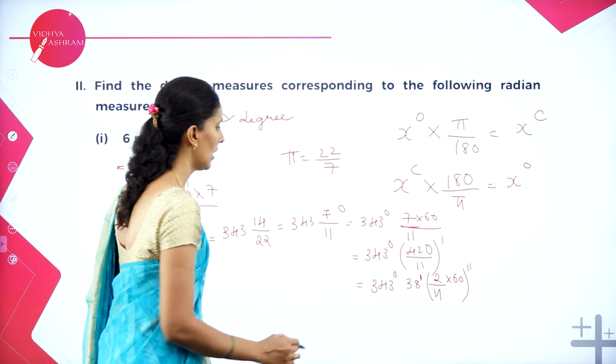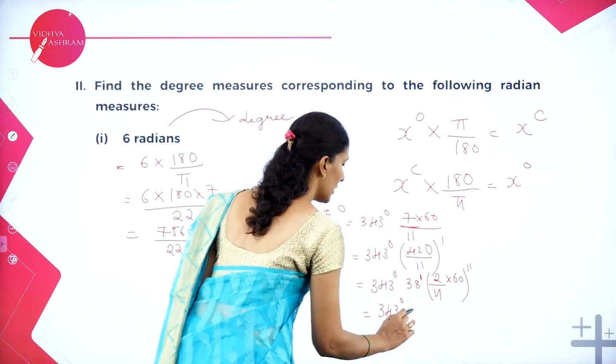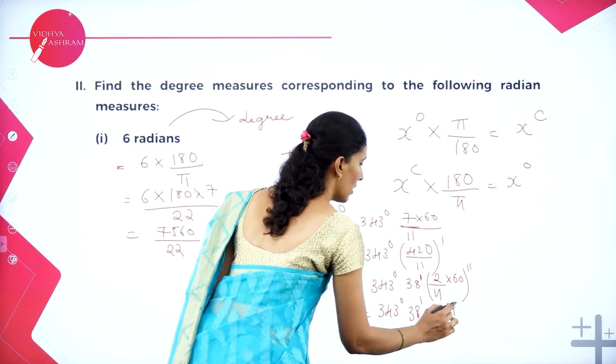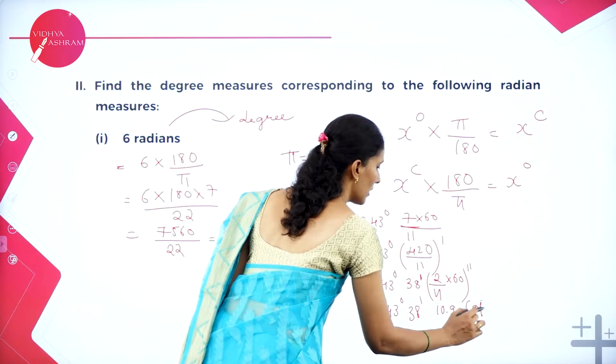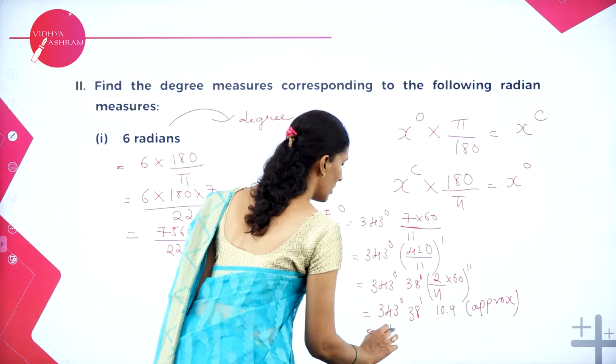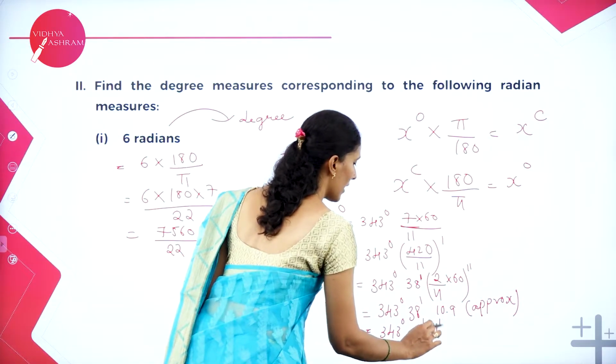So therefore this is 343 degree 38 minutes, and you will get this as 10.9 seconds. So approximating this, we can write this as 343 degree 38 minutes 11 seconds.